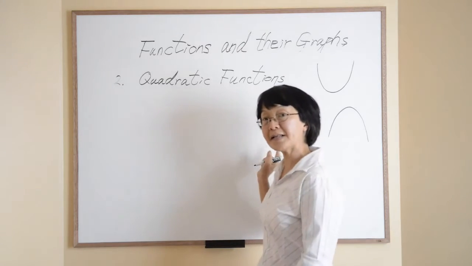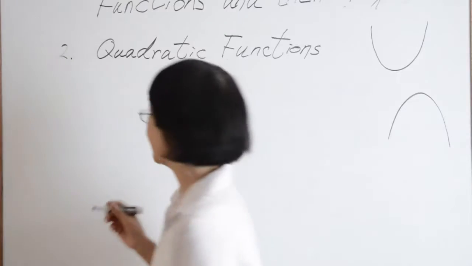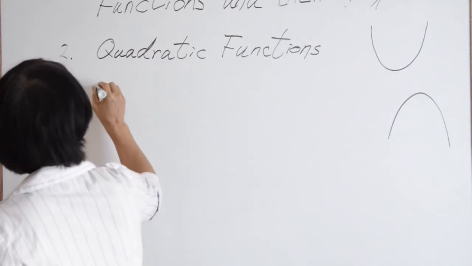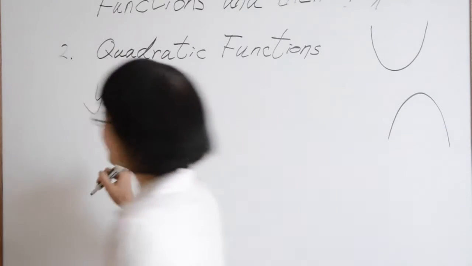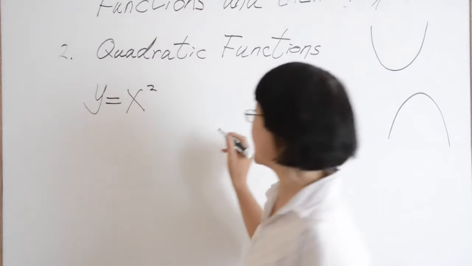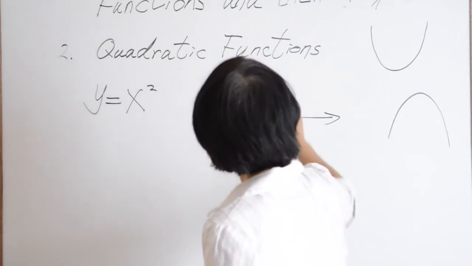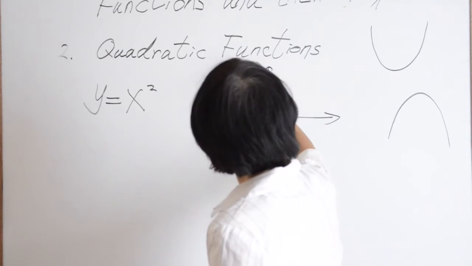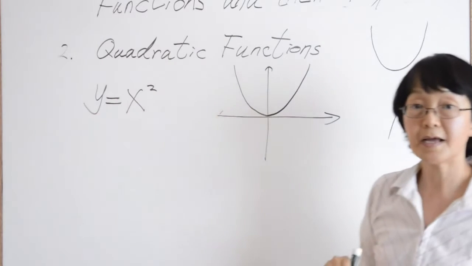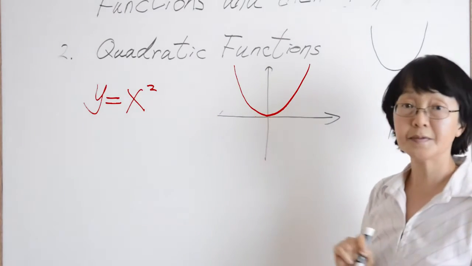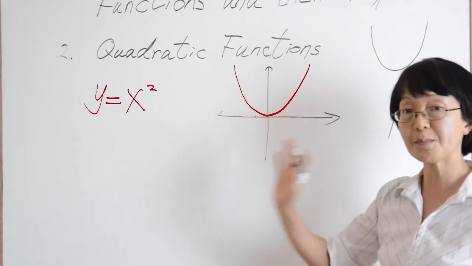Once you understand this, you should be able to see the more complicated graphs. This is the simplest quadratic equation, y = x squared, and its graph looks like this. It goes through 0. Now I'm going to talk a little bit about its transformation.